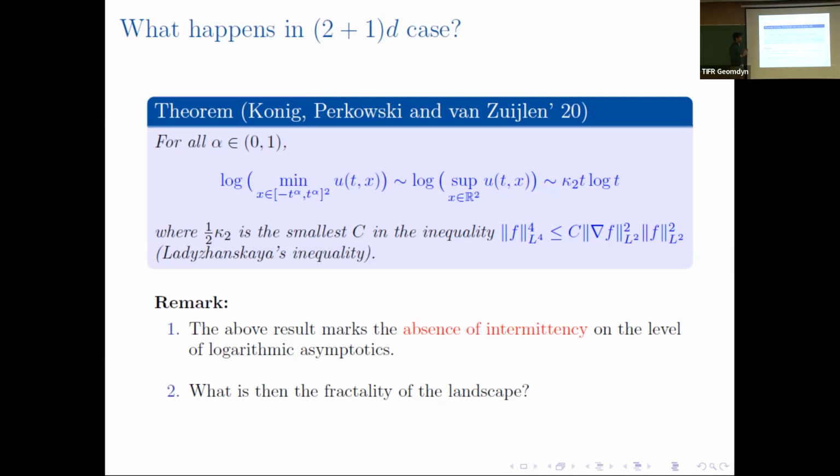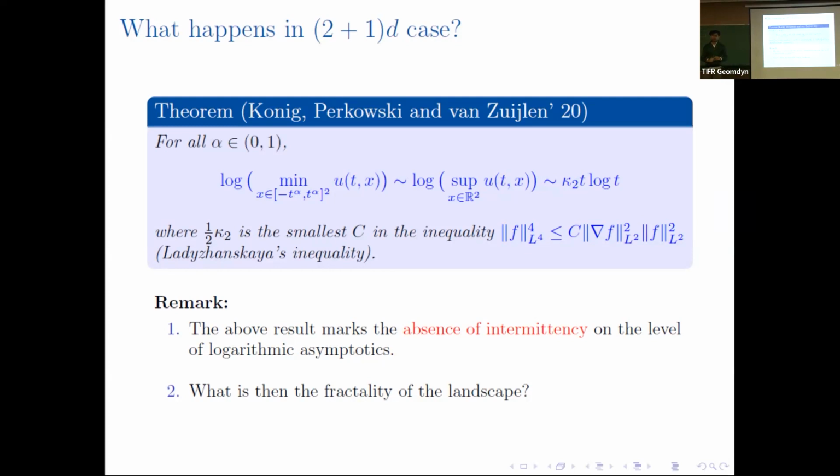That is a bit of a shock for this entire community, because if you believe in intermittency, it says there are large peaks and there are values at a very low level. So the minimum could not equal the height of the large peaks. This result indicates the absence of intermittency, at least on the level of logarithmic asymptotics.